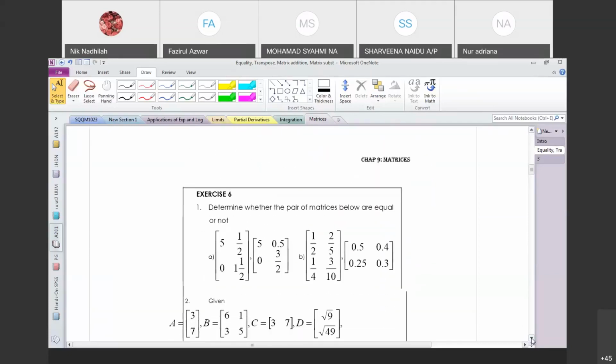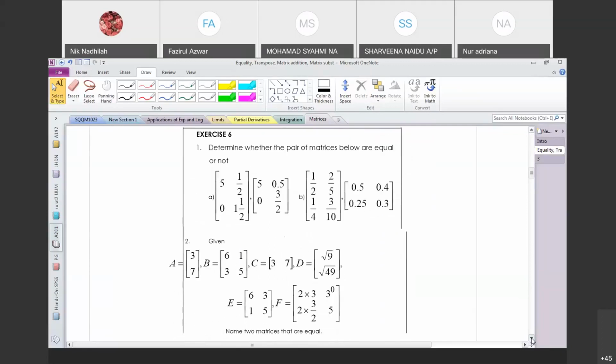If you are going to compare, for example, let's look at B now. What is the order of the matrix on the left side? The order is 2 by 2.